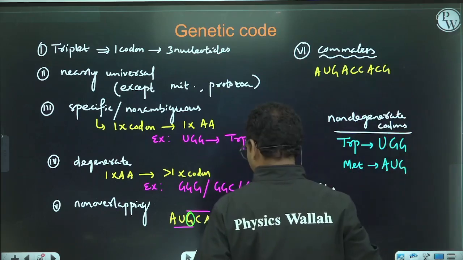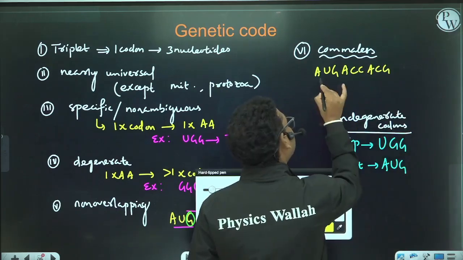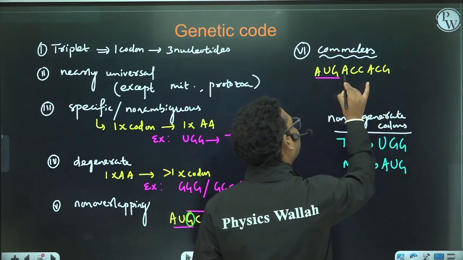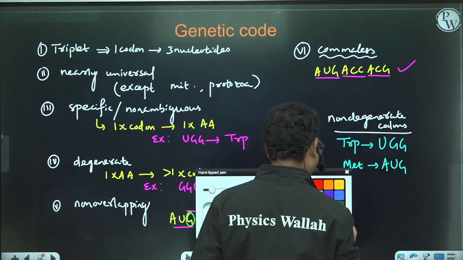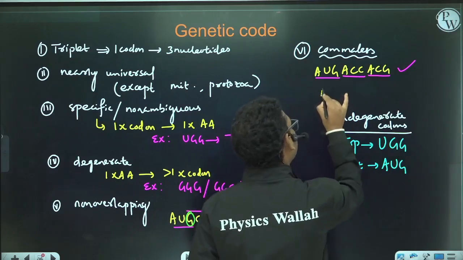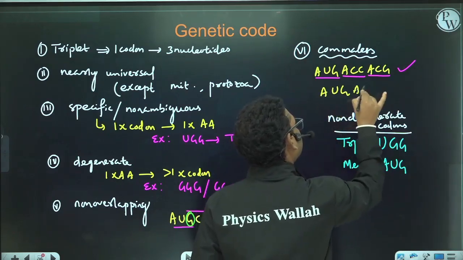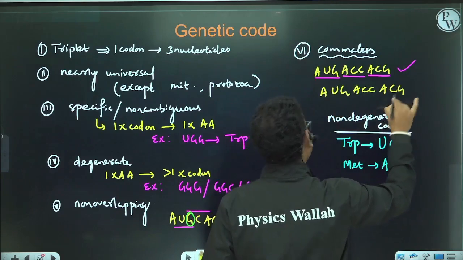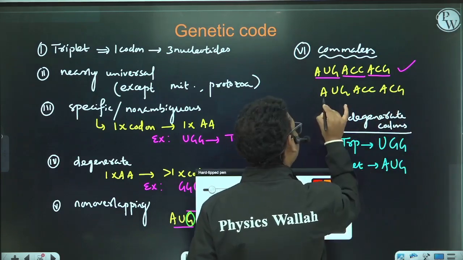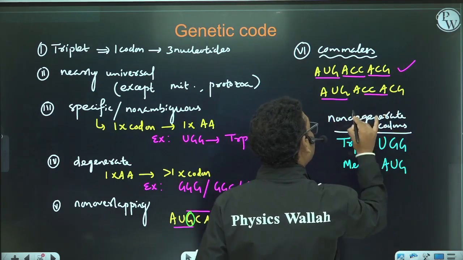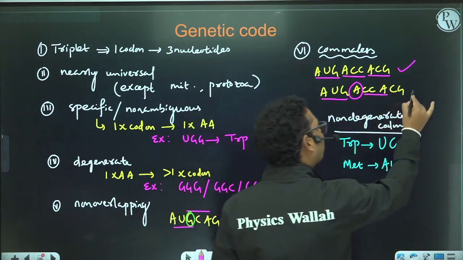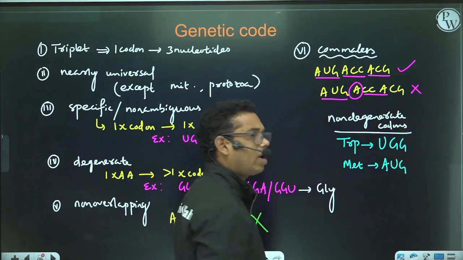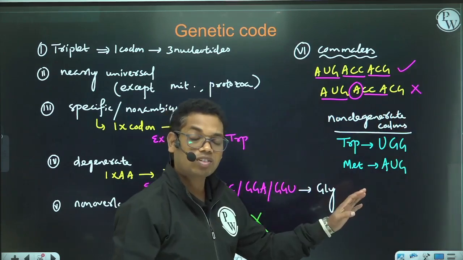This is the first codon, this is the second codon, and this will be the third codon. This is correct. But if I read like this, leaving one nucleotide between the codons, this is incorrect. I cannot leave any one nucleotide. I have to read continuously.